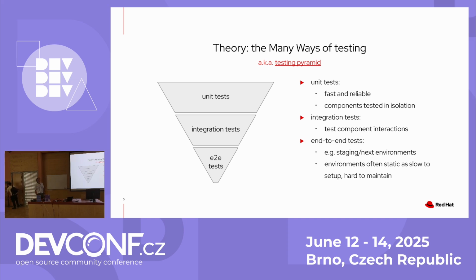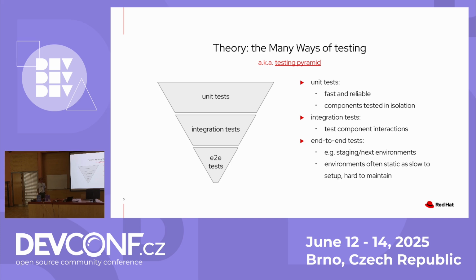Regarding testing theory, not that I knew about it in this framework before I started the presentation, there's a testing pyramid, normally drawn the other way around, with unit tests at the bottom, which is the normal stuff you do, testing components in isolation.